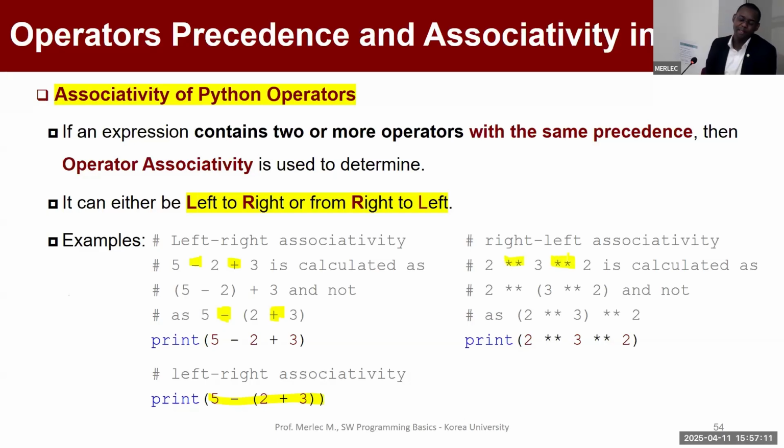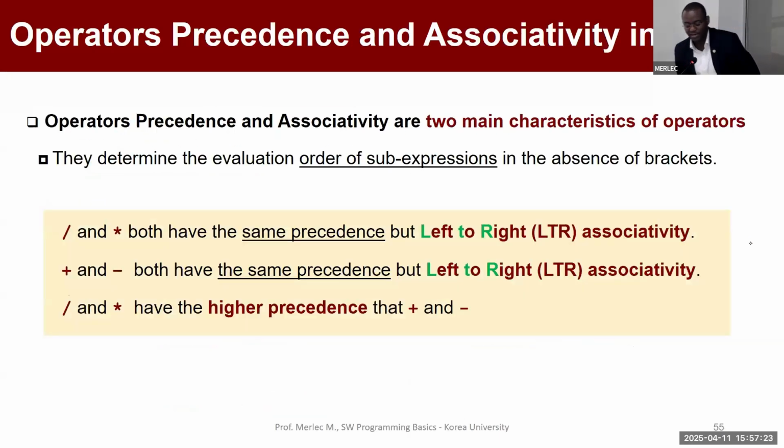They have the same precedence, but different associativity. So this will be evaluated from the right to the left. So depending on what you would like to implement as a logic, it will affect the way you should connect the operand and the operator in your expressions.